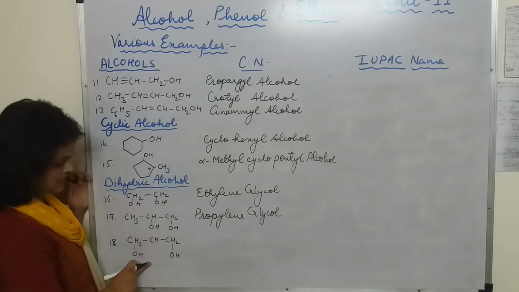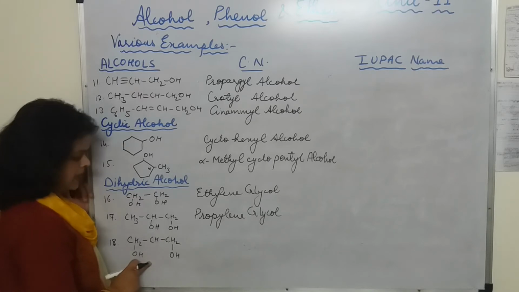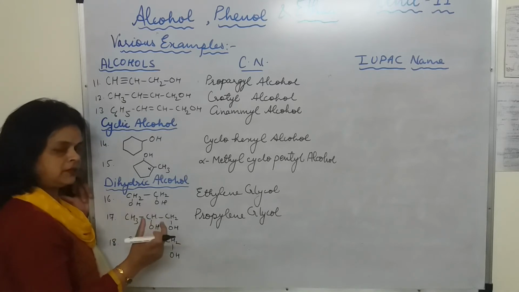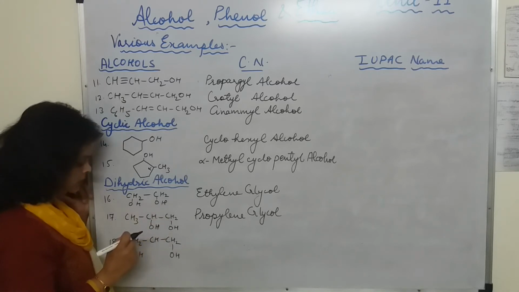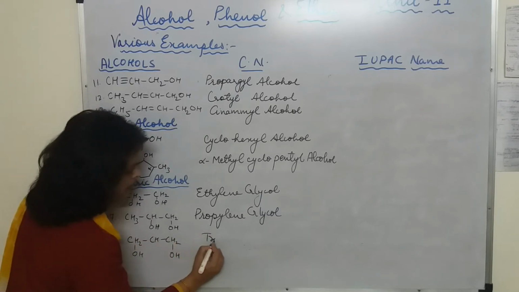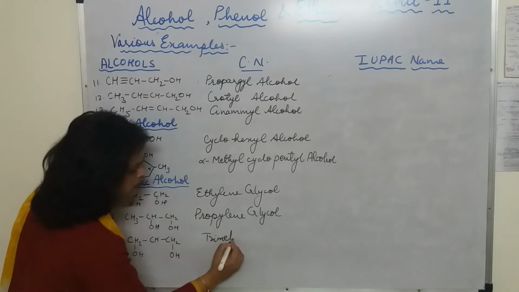Okay. Now this is beta glycol, and here how do we write the name? Poly, and count the number of methylene groups, 1, 2, and 3. So it is trimethylene.